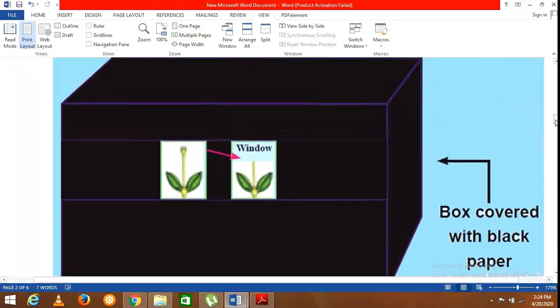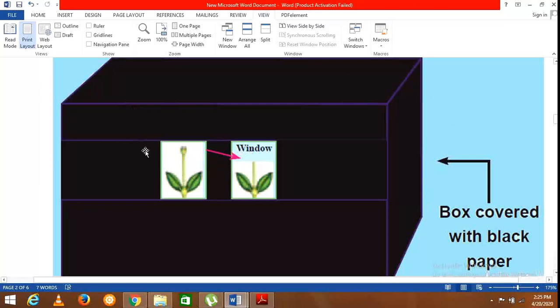There, what you have taken is two similar potted plants and a cardboard box which is covered with black paper. Then what you have to do is, as in the previous activity, you have to cut the apex of one plant, and both plants, one with the apex and one without the apex, are placed inside the box, and they should get light only from one direction. All the other sides are closed.